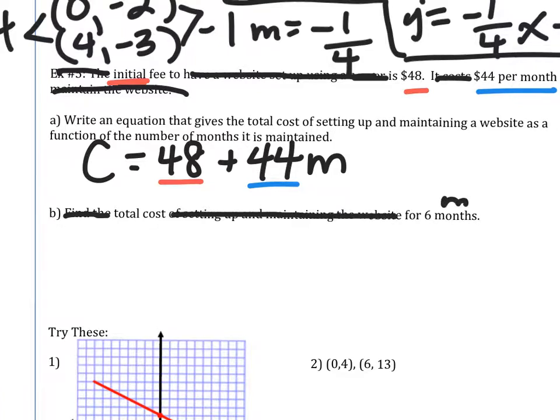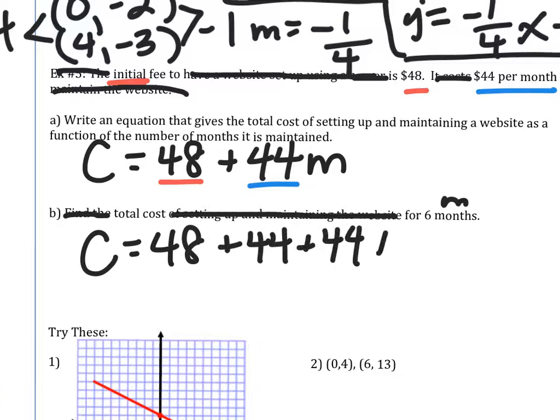Well, if I'm using M, I know it's going to cost me $48 no matter what, just to set up the website. And it's $44 per month. So you could do $44 for the first month, for the second month, for the third month, and you could do that all the way until you had 6 of those. But the much easier way to do that, right, is using the formula that we have above, which is $44 per month for 6 months.